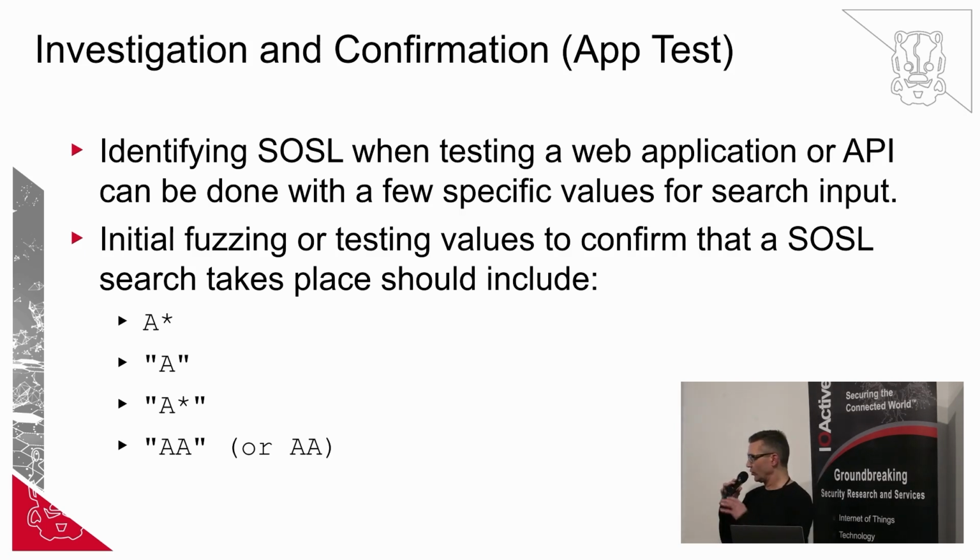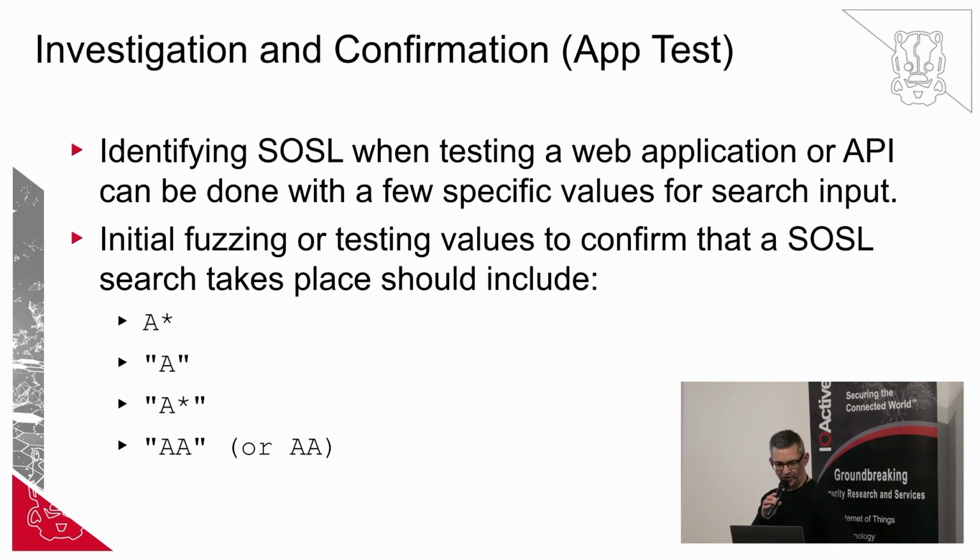Sticking with that high-level methodology of finding all the instances, if you're in an application testing or API test situation, part of the reason I didn't find this at first when I initially started testing these websites is that these are things you should have as part of your fuzzing catalog or corpus, but aren't typically within the payloads you would normally be fuzzing with.